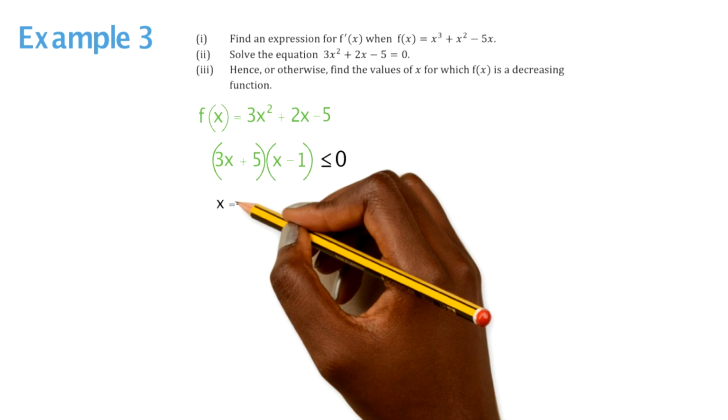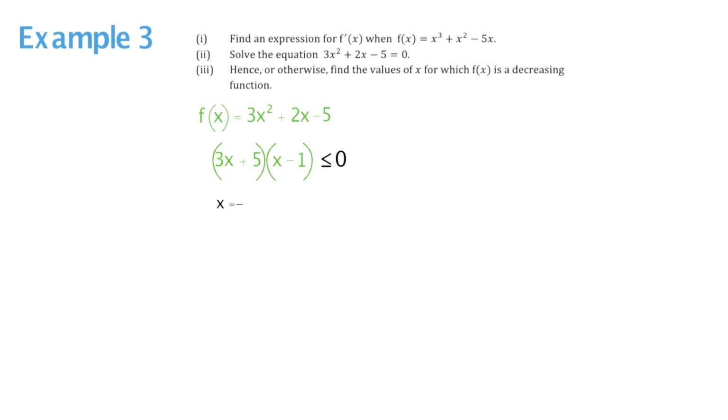So if we were to now solve it, x would be equal to minus 5 over 3, and x would be equal to 1, because we make each bracket equal to 0.